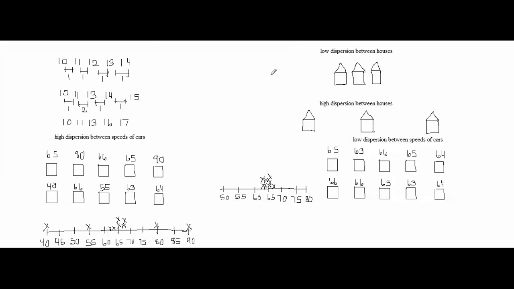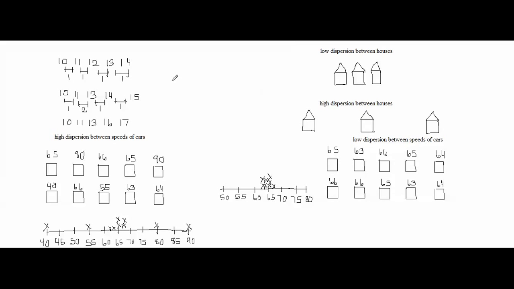So if every student got 75%, that would also give me a mean of 75. That would be a very low amount of spread. It would actually be no spread at all. If every student earned 75, meaning every student had the same final exam score, that would be no spread.